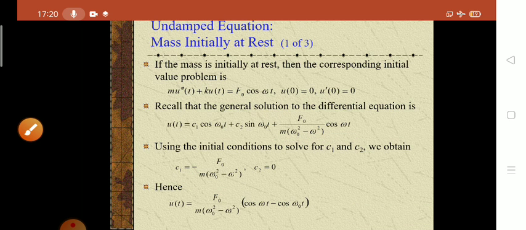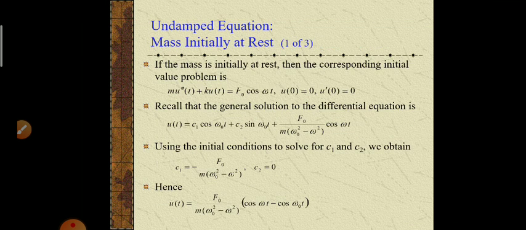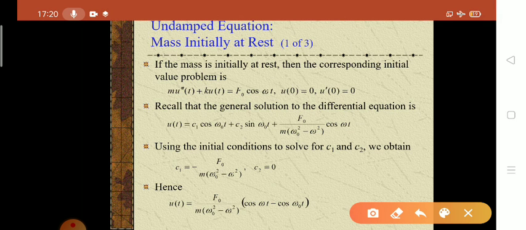Hence we get u t is equal to f0 divided by m into omega 0 square minus omega square, in brackets cos omega t minus cos omega 0 t, right? And this sin term is going to be 0.